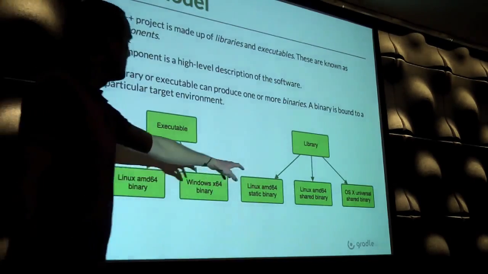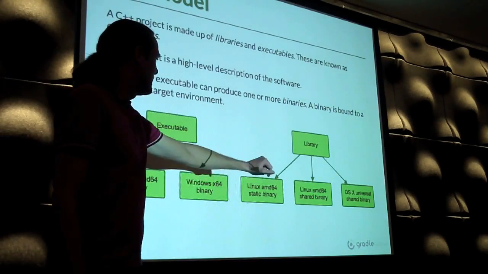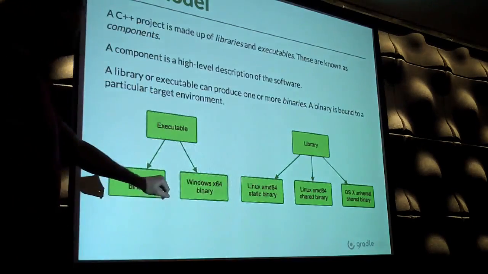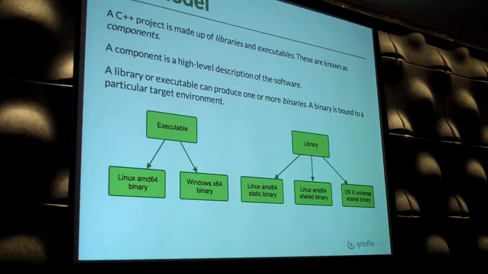I may have a shared library and a static library binary. So there are potentially lots of variations there. You've got this high-level thing that can produce lots of specific binaries for individual environments.